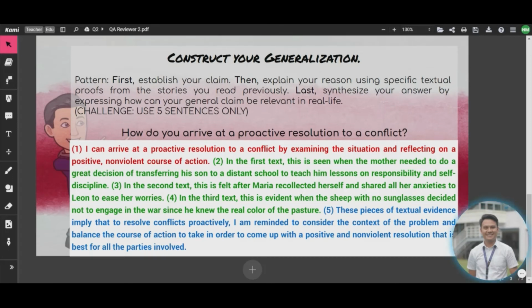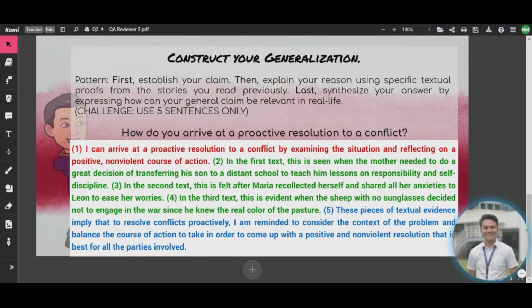In the second text, this is felt after Maria recollected herself and shared all her anxieties with Leon to ease her worries. In the third text, this is evident when the sheep with no sunglasses decided not to engage in the war since he knew the real color of the pasture.